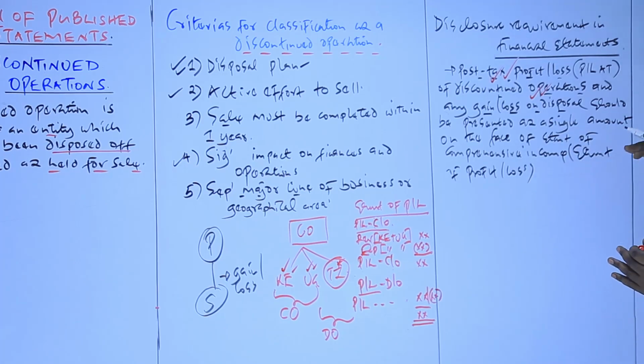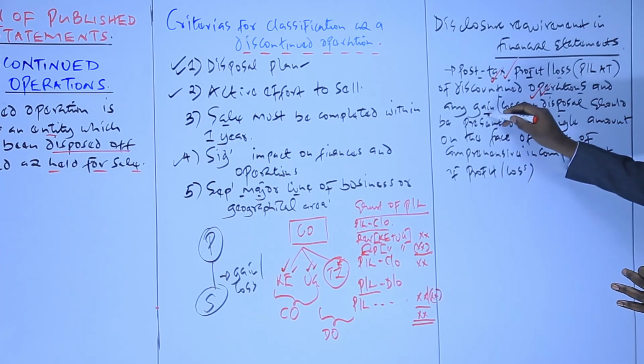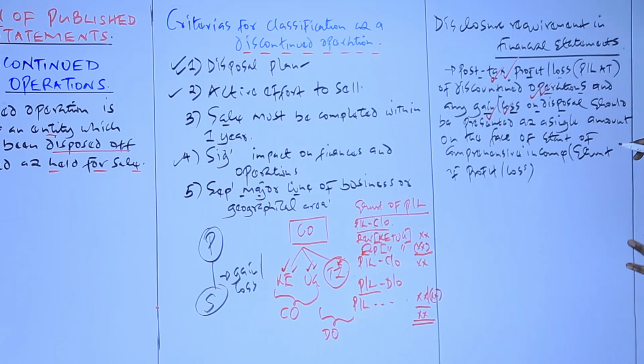This profit or loss from discontinued operation and any gain or loss on disposal should be presented as a single amount on the face of the income statement.